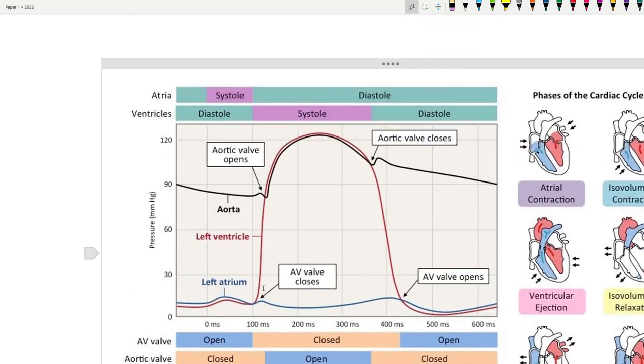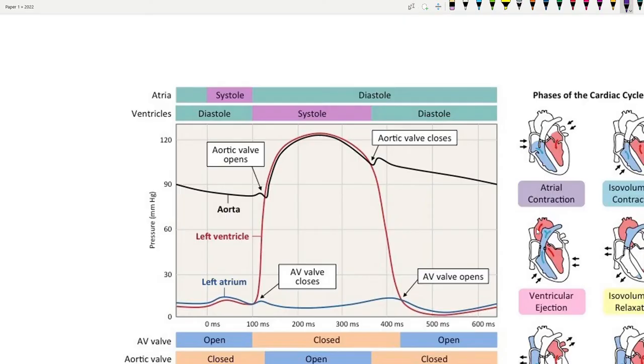So when the ventricles contract in general, they open the semilunar valves and close the bicuspid and tricuspid valves. The mitral valve basically on the left side, which is bicuspid, and the tricuspid valve on the right hand side.